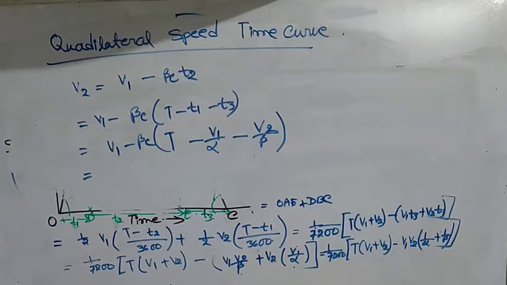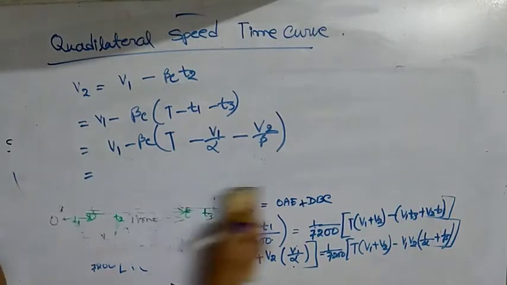Alpha is the acceleration and beta is the retardation in kilometer per hour per second.